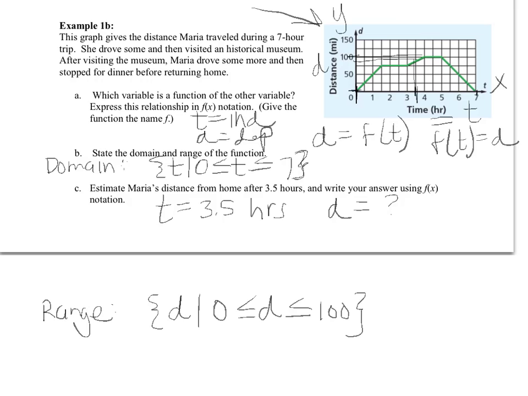So d equals 85 miles. In 3.5 hours, she's gone 85 miles. We write that using f of x notation: f of 3.5, because that time is inside the parentheses at f of t, equals 85 miles.